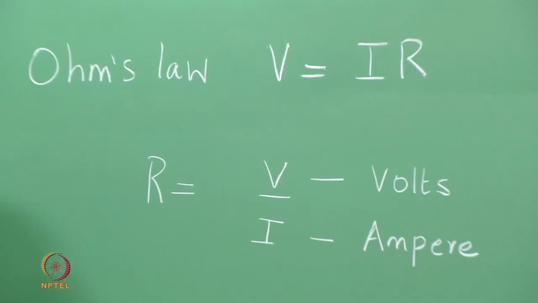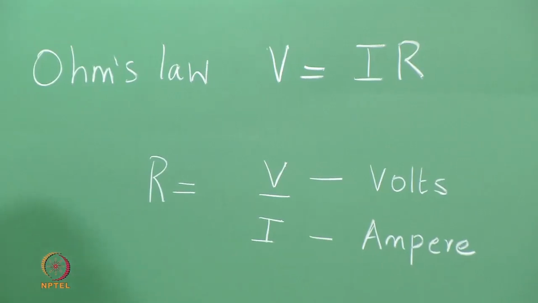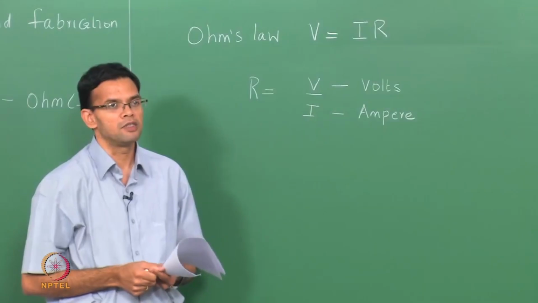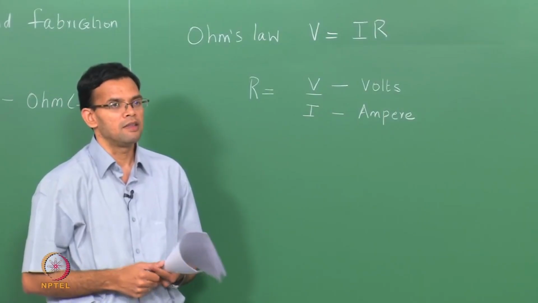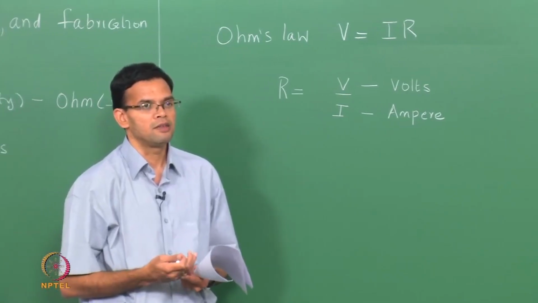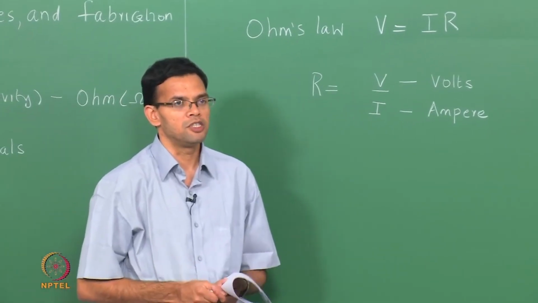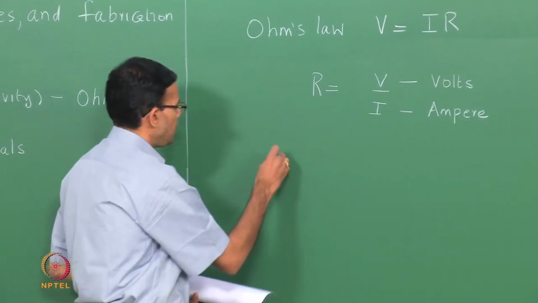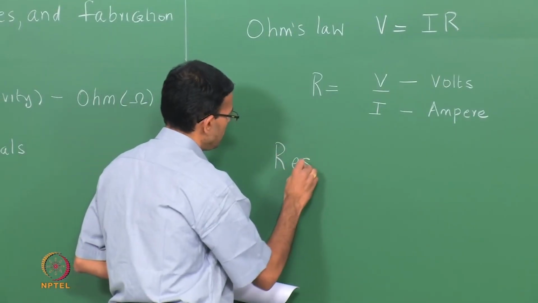Now, resistance depends upon the dimensions of the sample. So, if you have a thinner material or if you have a wire with a smaller diameter, then the resistance is higher. So, we need to think of a parameter that does not depend upon the dimensions of the sample, and this parameter is called resistivity.